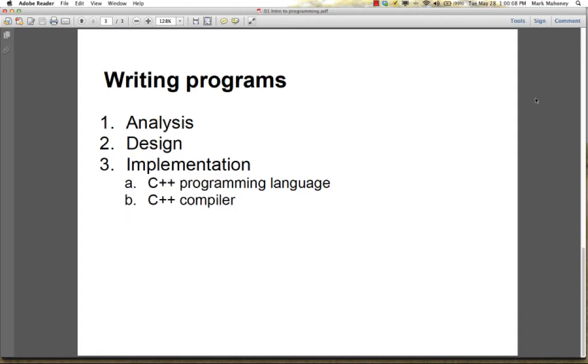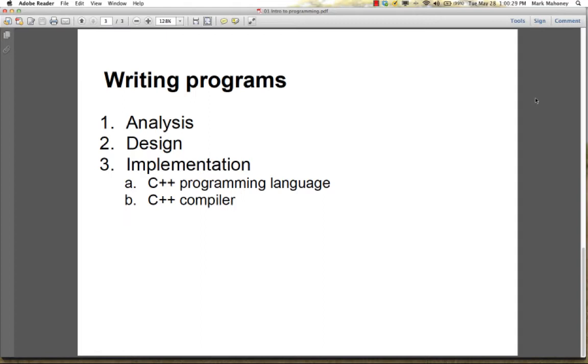That's why analysis is so critically important. And it turns out this is a surprisingly difficult thing to do because our customers know that they want something, but they can't really tell you exactly in excruciating detail what they want built. You have to work with the customer to discover the program that they want built.